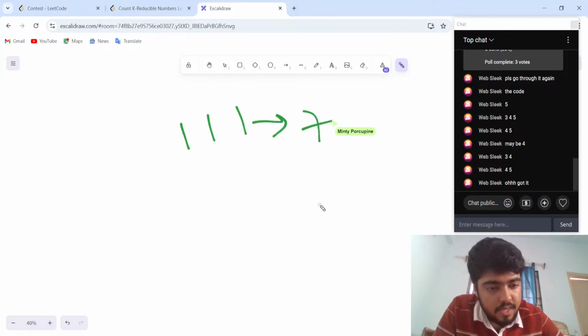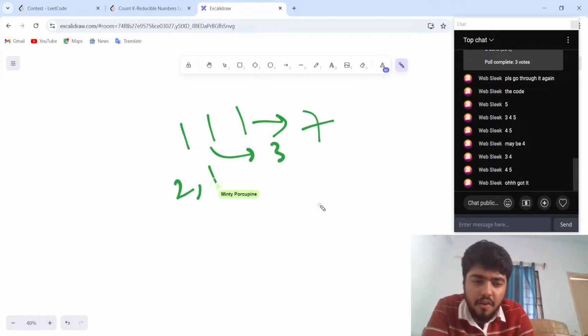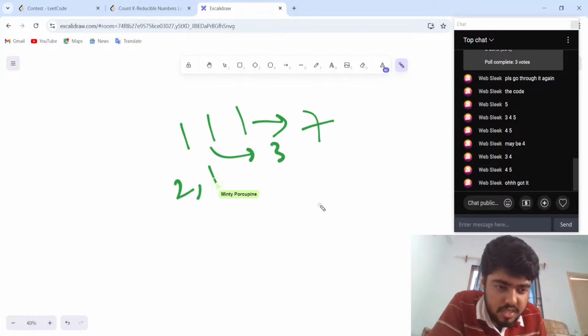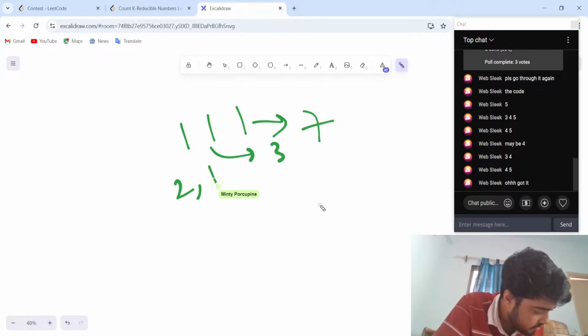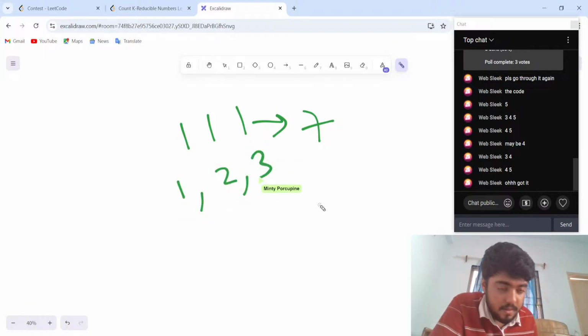Now in 7 we are not going to consider 7. But apart from 7, we know that we can have either 2 bits set or 1. Or let's say for the time being, we are also going to consider 3. Since there are 3 bits set, we can have either 1 bit set, 2 bits set, or 3 bits set, right?